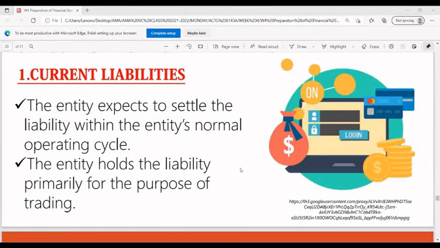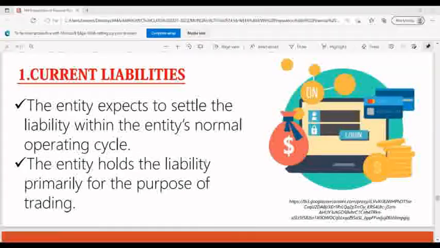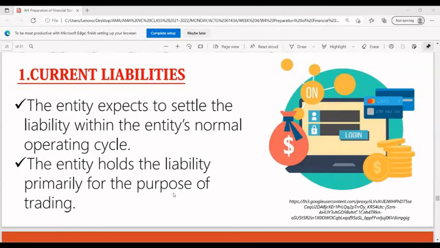If you go beyond, for example you paid on January 1 or 2, it will not be under current liabilities. There are already some adjustments on the financial statement, since it will be counted under non-current liabilities. The entity holds the liability primarily for the purpose of trading.